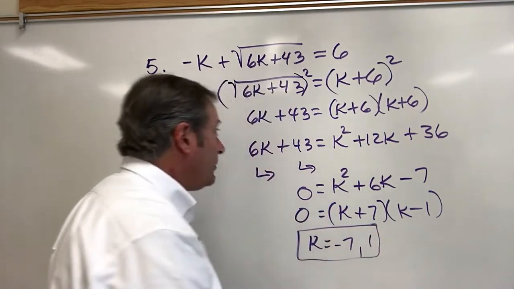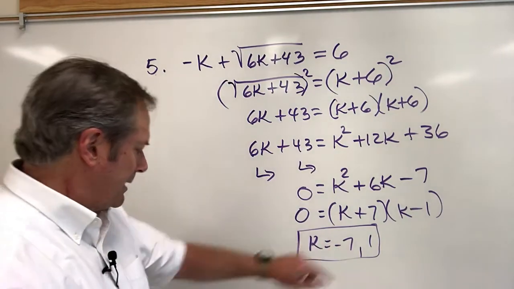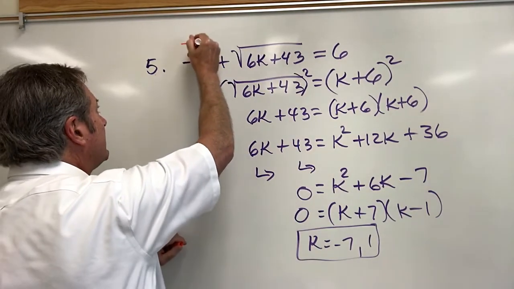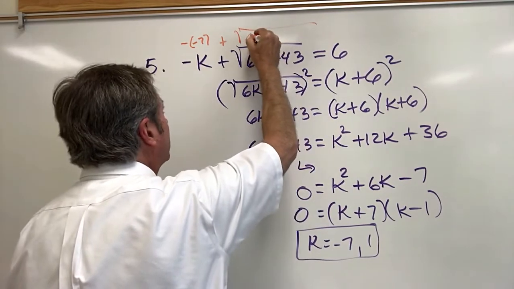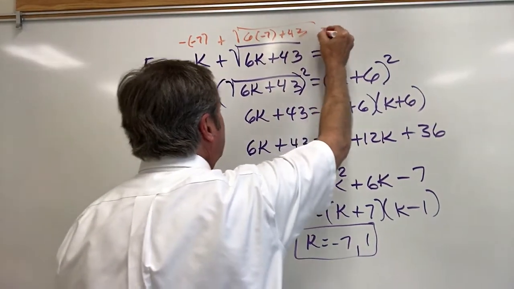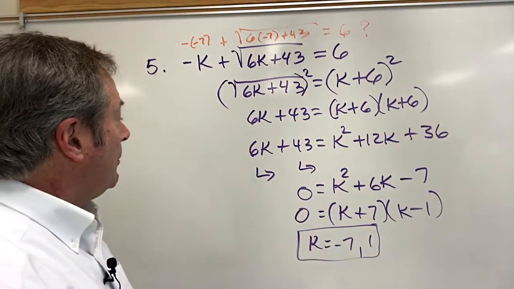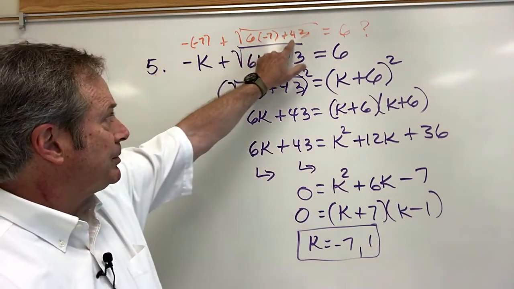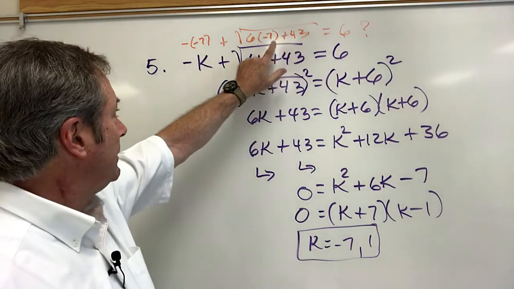But we have to check. So let's take negative 7. Up here, we've got a negative 7 plus the square root of 6 times negative 7 plus 43. And we're going to ask the question, does that equal 6? Well, let's see. 6 times negative 7 is negative 42 plus 43 is 1. Square root of 1 is 1.